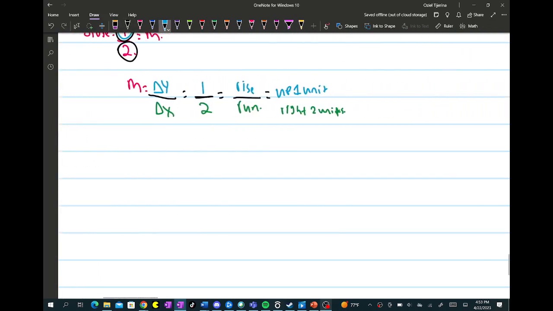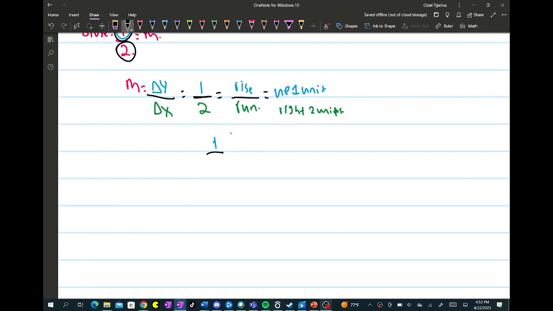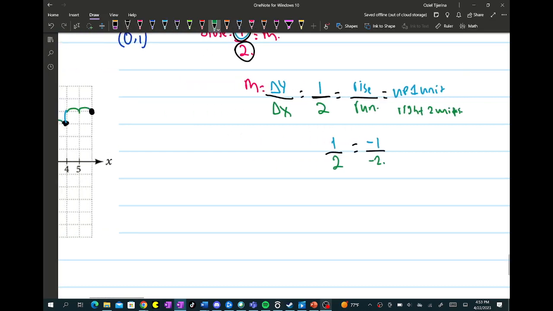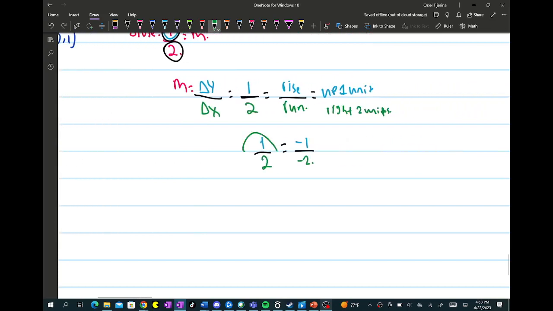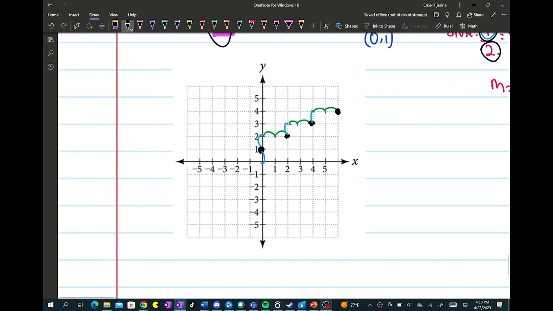Because if you think about it, 1 over 2 is equal to -1 over -2. Again, if you have trouble understanding that, it's basically negative over negative. It's still the same slope, but we're reflecting, doing the opposite, because it has to look like a line. So you have to do the opposite.